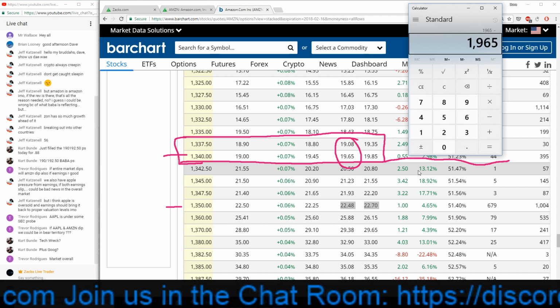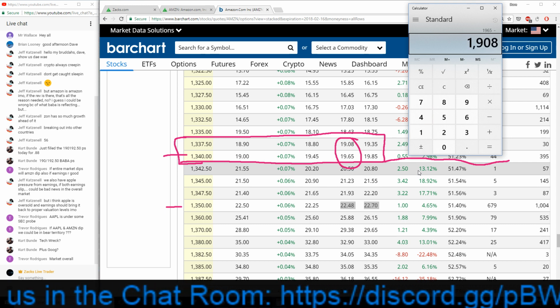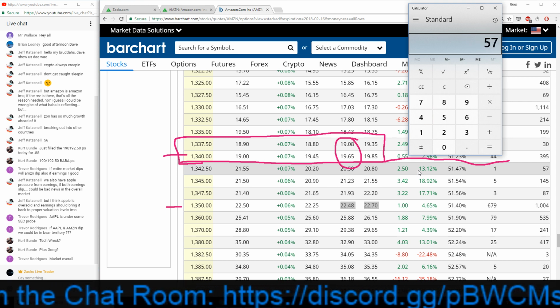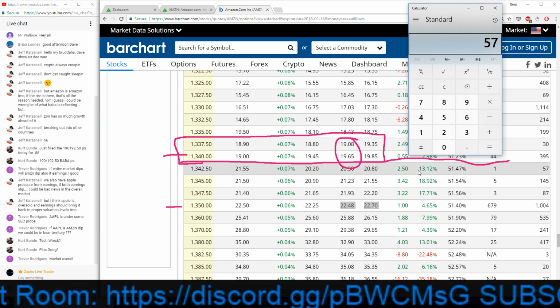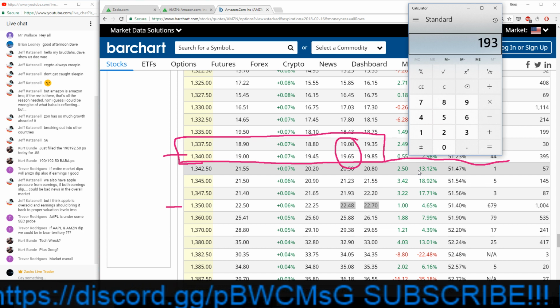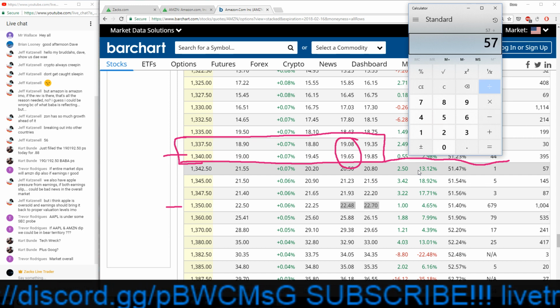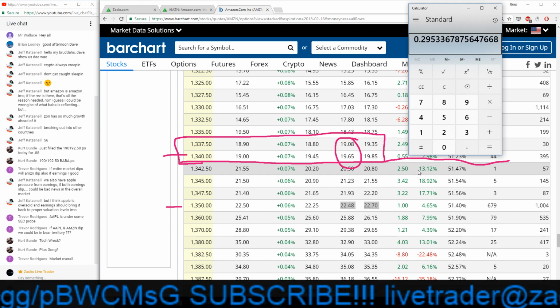Buy the 1337.50 to give yourself downside protection. That's going to cost $19.08. So the net credit on an out of the money short put spread here is 57 cents. The difference in the strike prices, $2.50 minus that 57 means $193 is the amount of money you have at risk. So you can make about 30% on this in 2 weeks.